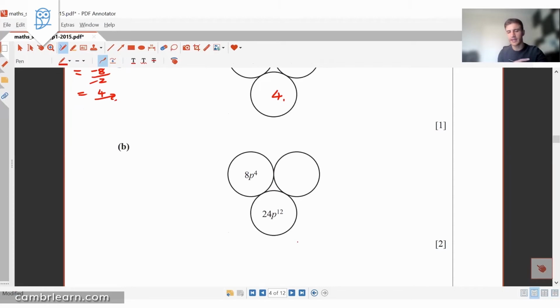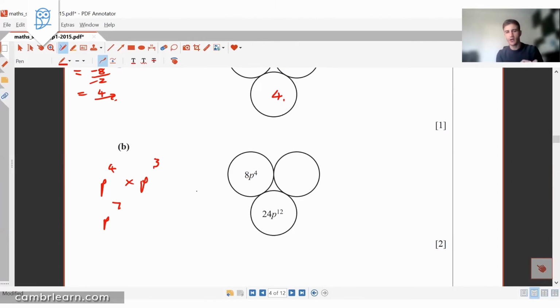Okay, so now we have to think back to indices rules. Okay, remember, if we think about indices rules, if we have, let's say, p to the 4 times p to the 3, just for instance, this means that I have to add my indices. So this becomes p to the power of 4 plus 3, or we can say p to the power of 7.